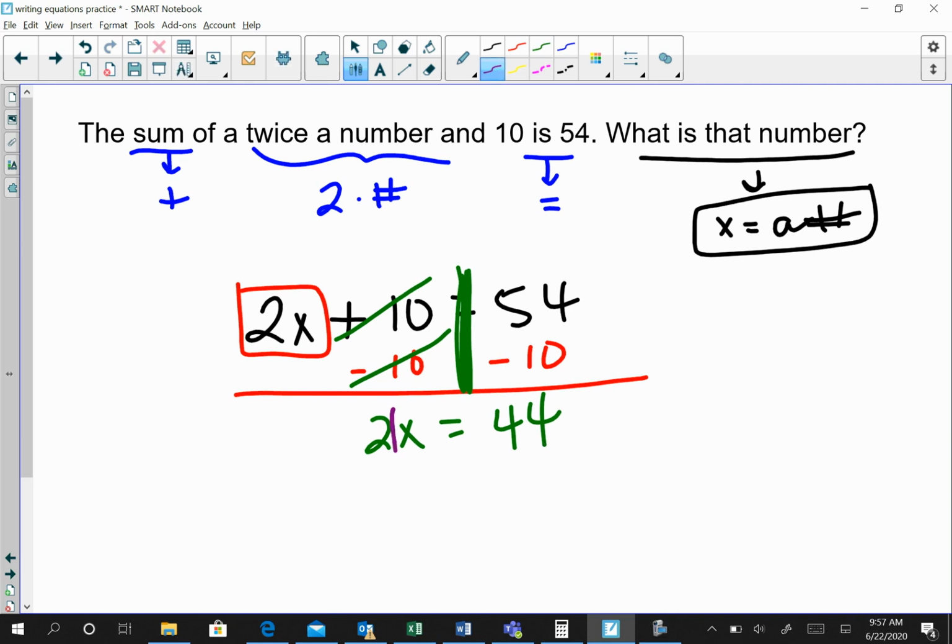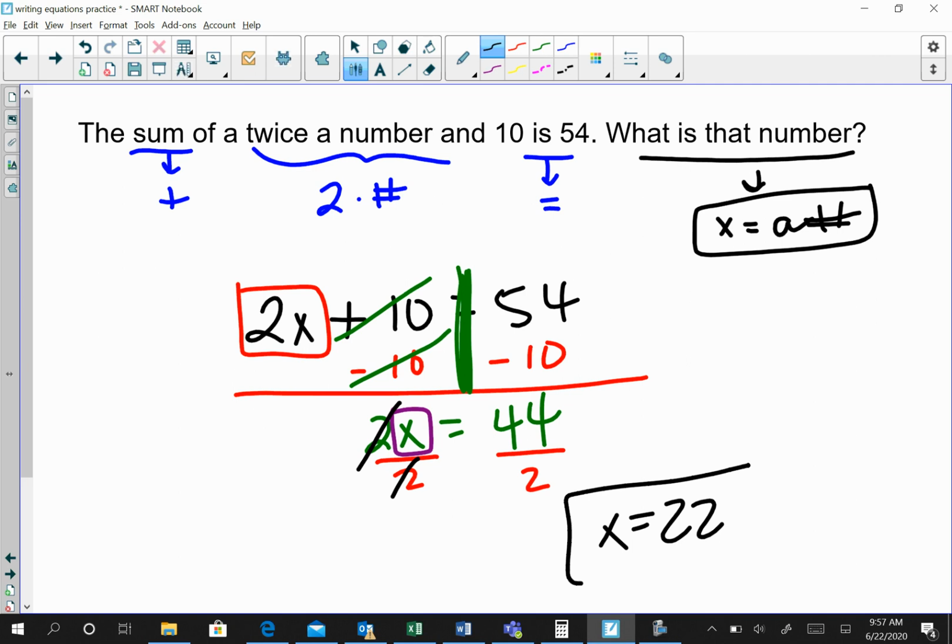Now to get the x by itself, right now it's being multiplied by 2. I can undo that through division. So I'm going to divide by 2. If I did it on the left side of the equal sign, I must do it on the right. And now I can divide. X is 22. That number itself is 22. Okay.